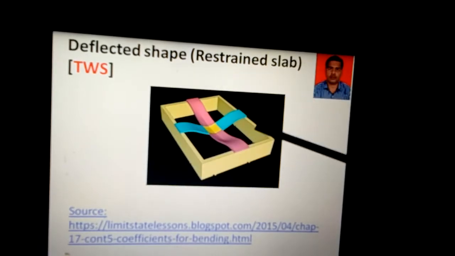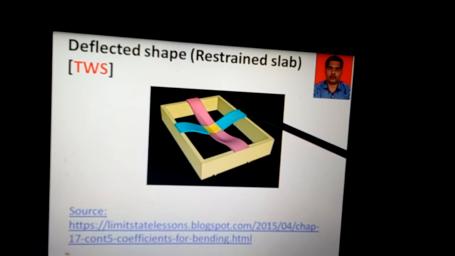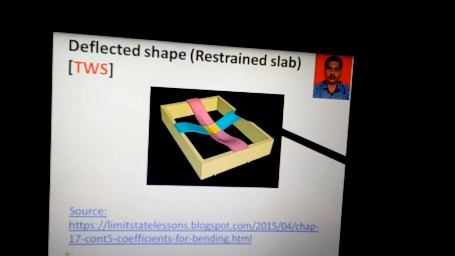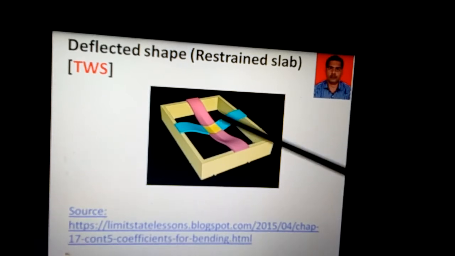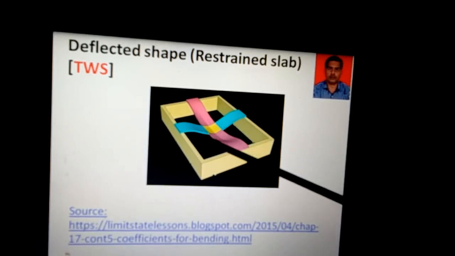So if we see further the restrained slab bending nature, in restrained slab the corners of the slab would not lift as they lift in case of the simply supported slab. It would be in touch of the support, but the edge strip would be undergoing an upward curvature, that is the hogging bending along all edges, and the middle strip, the central portion of the slab, would go on downward curvature, that is the sagging bending.